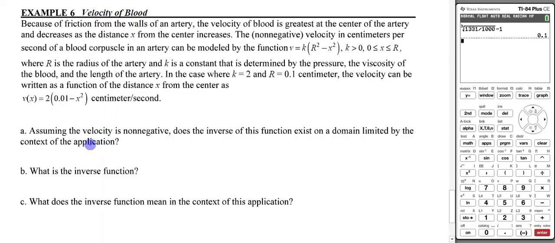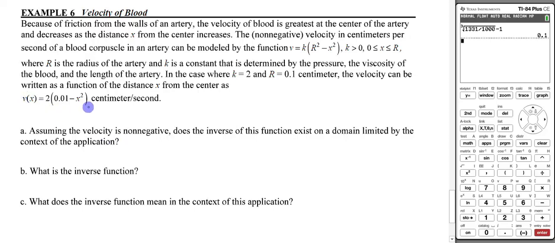And then further, they're assuming the velocity is non-negative, which is a good thing. So the velocity is non-negative. That means that we're only going to be considering the positives or 0 for this, and this is making this, by limiting that domain, a one-to-one function.